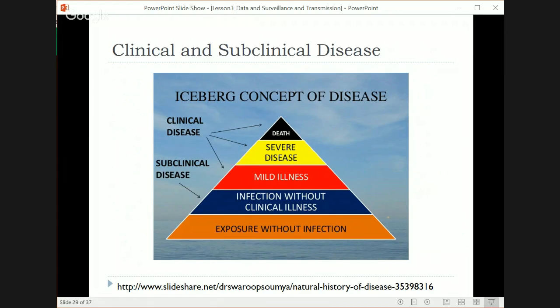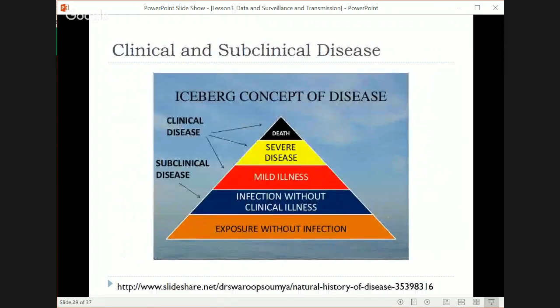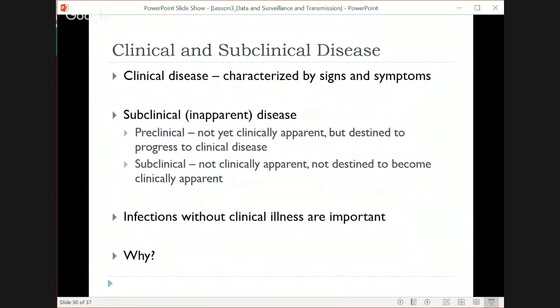So she never experienced any mild or severe disease. And again, these things matter in terms of disease transmission, because obviously people with clinical disease are going to be easier to identify in order to stop disease transmission. People with subclinical disease, like Mary hopping all over Long Island, infecting family after family, it's trickier to figure out what's going on then.